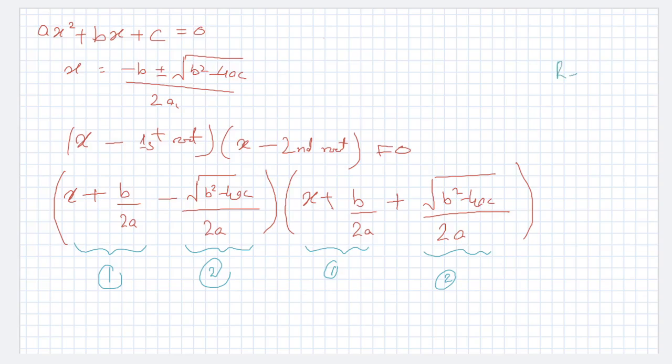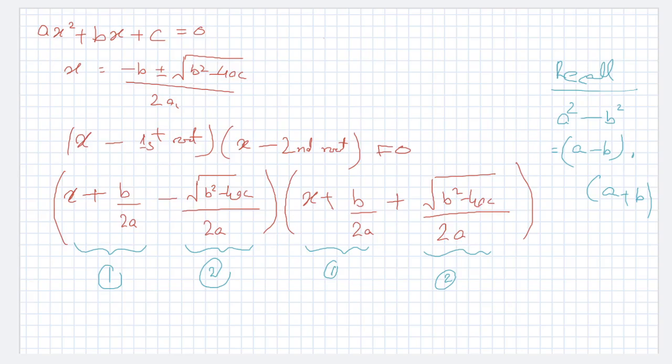Recall, we have a square minus b square is equal to a minus b times a plus b. So if we have difference of two square terms, we can write it down as a minus b times a plus b. So over here, this is my a term, x plus b over 2a, and square root of b square minus 4ac over 2a is my b term. So it becomes like a minus b times a plus b.